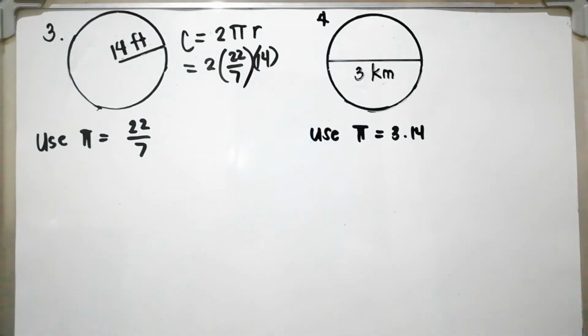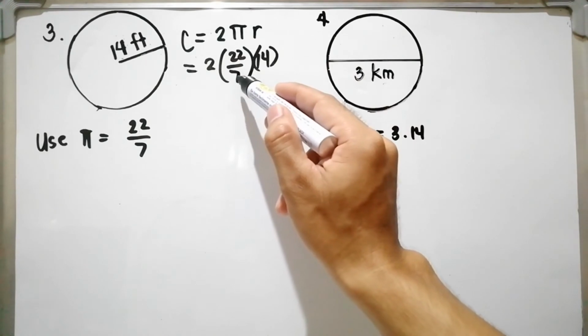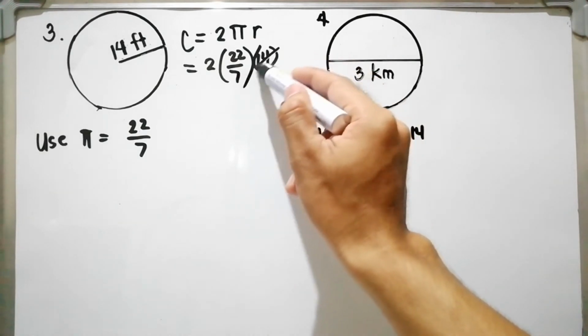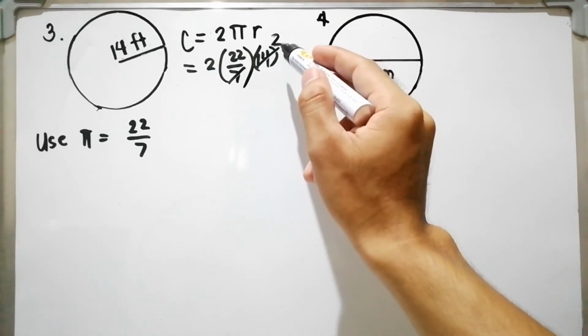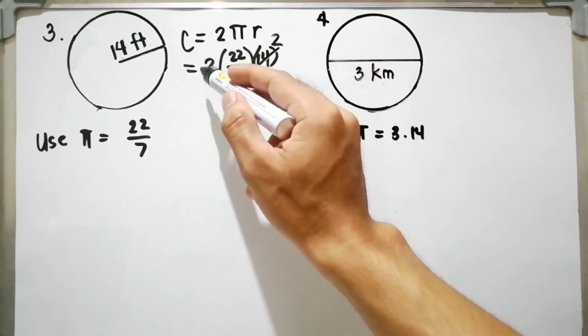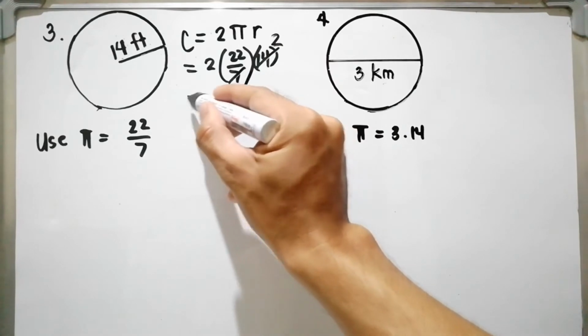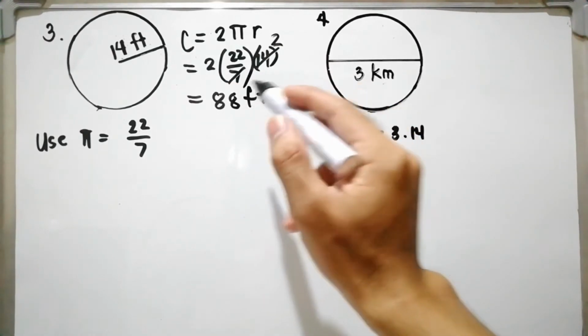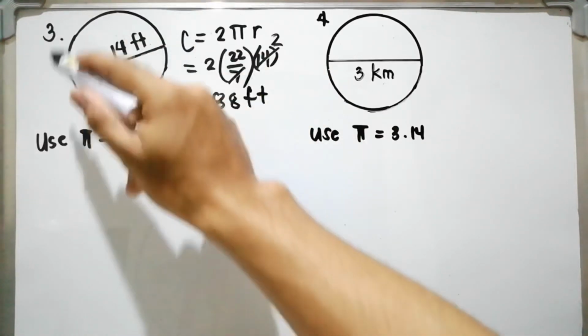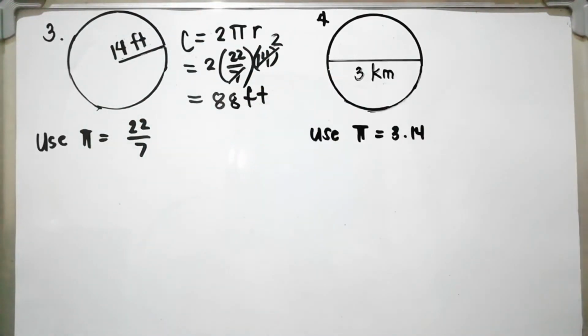Now, 14 divided by 7 is equal to 2. Cancel, which is equal to 2. Then multiply 2 times 2, 4 times 22, that is equal to 88 feet. So the circumference of the circle, or the distance around the circle, is 88 feet.